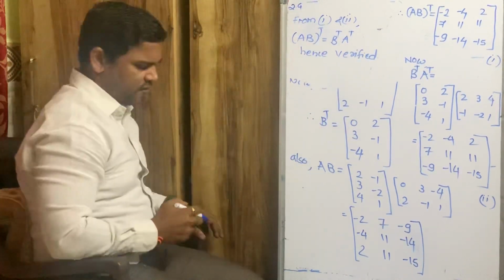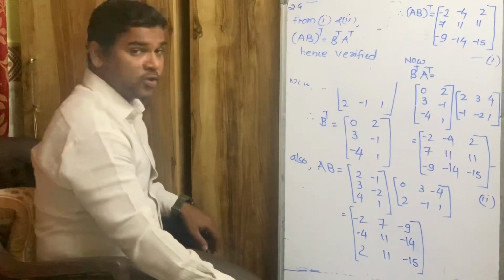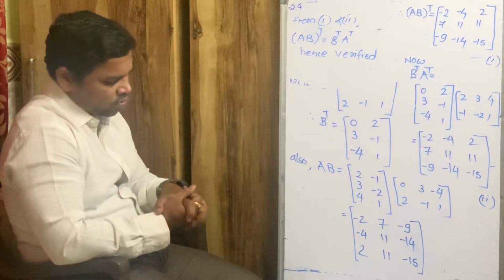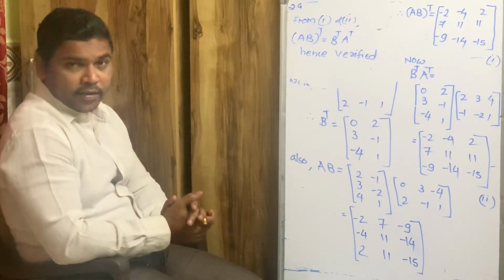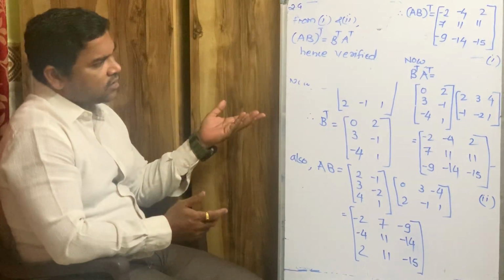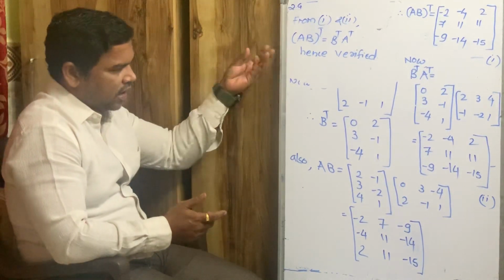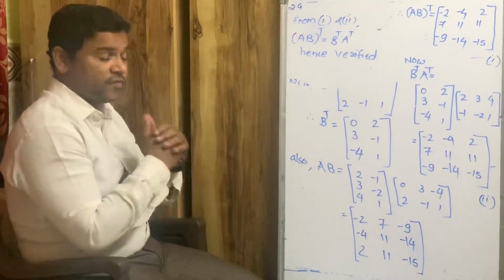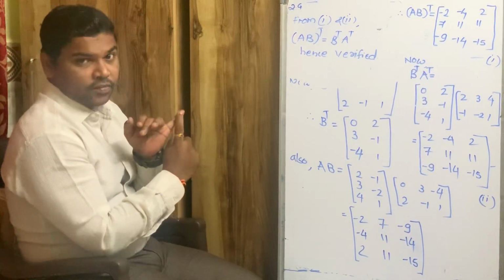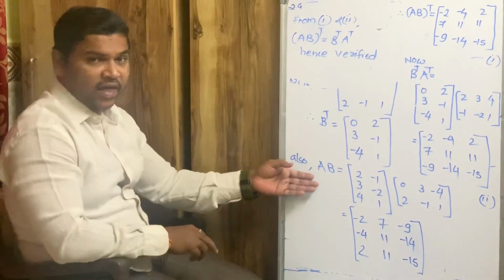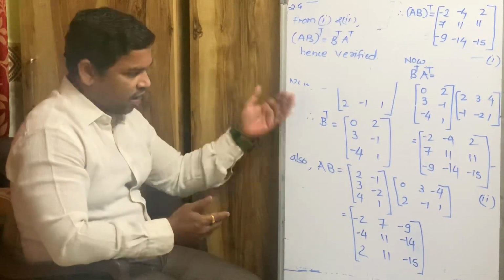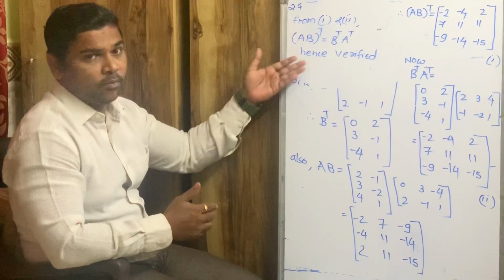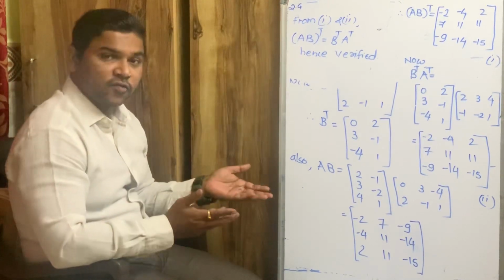So the same way you can solve question number 2, that is BA transpose is equal to A transpose into B transpose. In that, A transpose and B transpose we have already calculated. Just find BA first, B into A. This is AB, A into B. After this, just find out BA, B into A, then make its transpose.